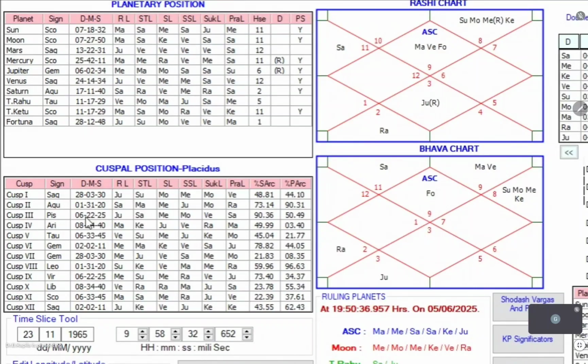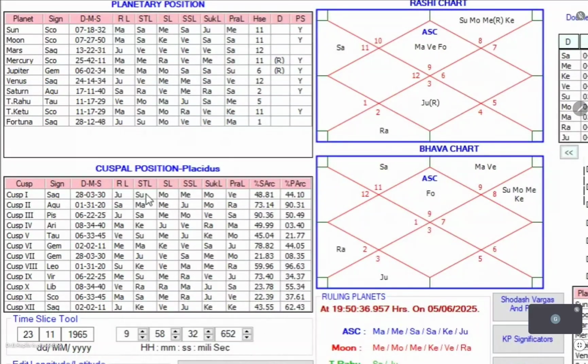Say for example, if you look at Sun here, Sun is appearing in the first cusp, it is not appearing in the 7th, it is not appearing in the 10th. So Sun has PS, it is appearing only in one cusp, that is 1.